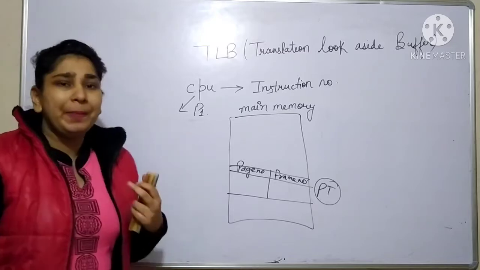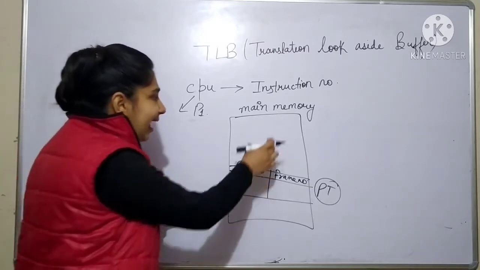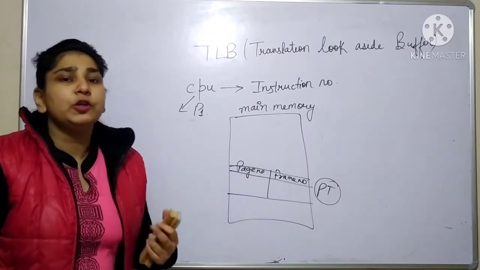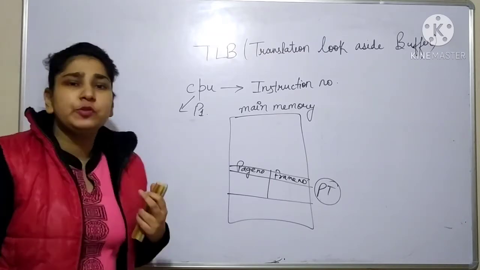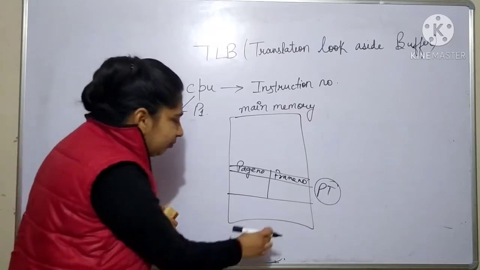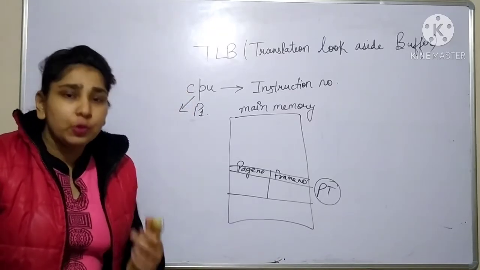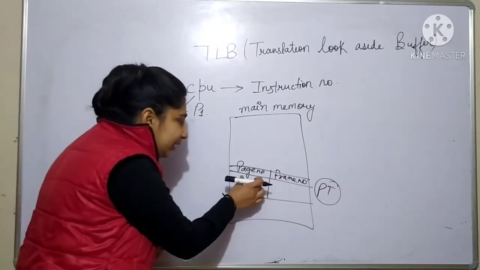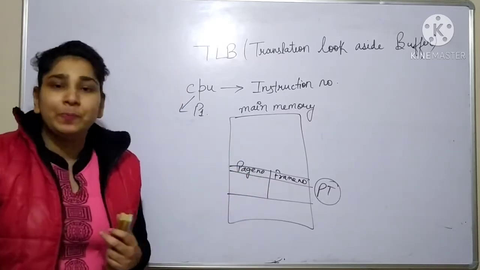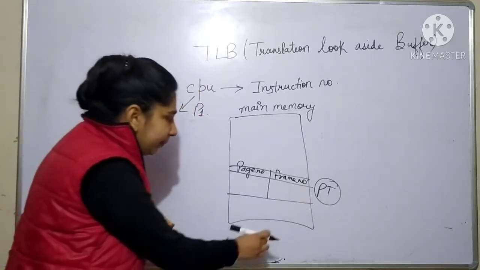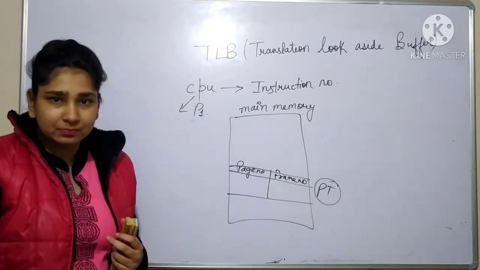Your page can be present at any location in main memory. All of your pages might be stored dynamically in main memory. Your page table helps you find which page of process P1 is present at which frame in main memory.